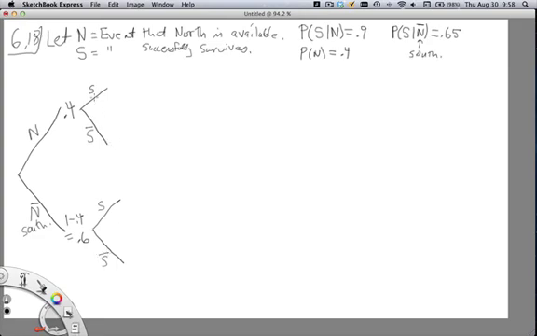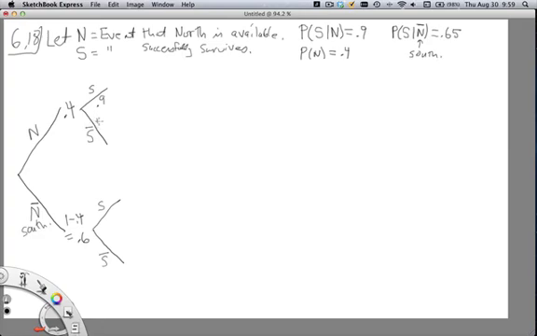Now I'm going to write along this edge the conditional probability. When we're up in this branch of the tree, we know it's the north, right? So what is the chance of success given the north? It's going to be 0.9. What is the chance of not success given that you're up north?